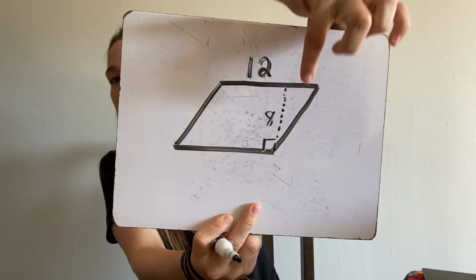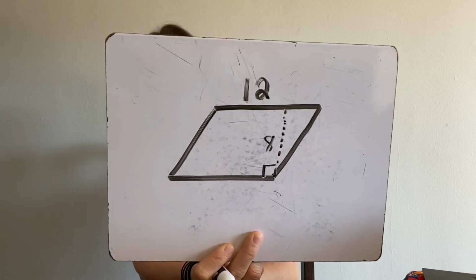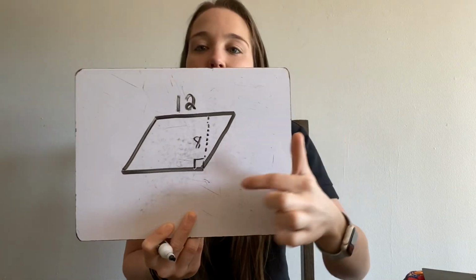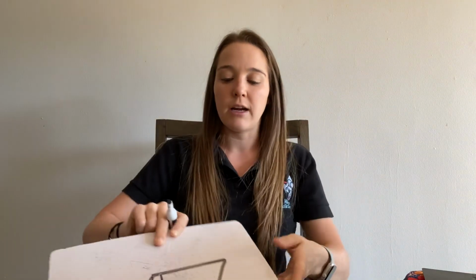So our base here, just say, is 12. And if we are given a perpendicular height of 8, we always want to use that perpendicular height. Look for the height that's going up and down, that has the dotted line, that has the little rectangle that indicates that it's perpendicular there.